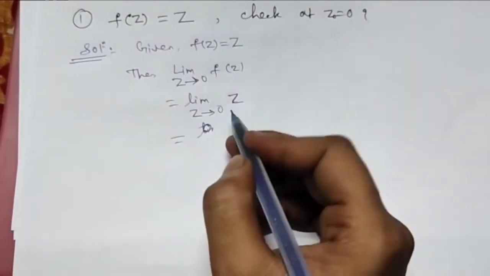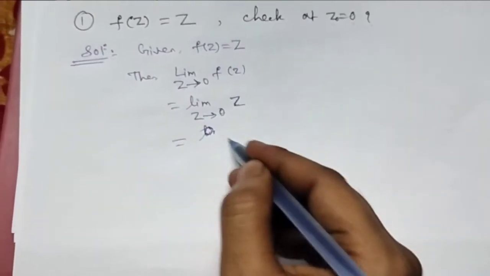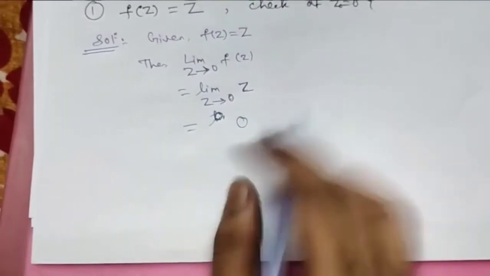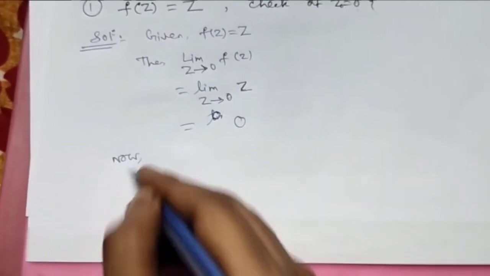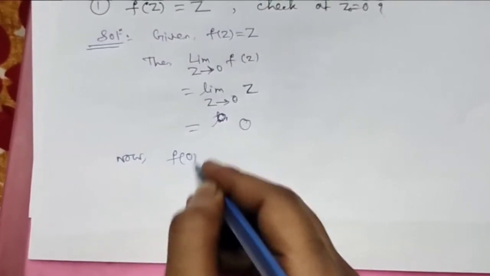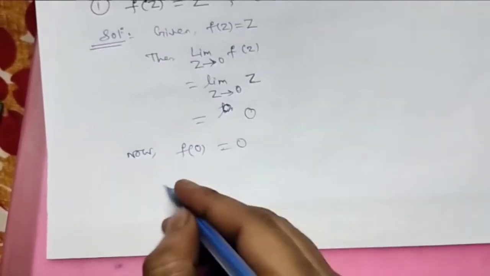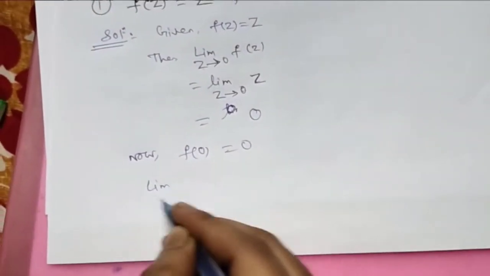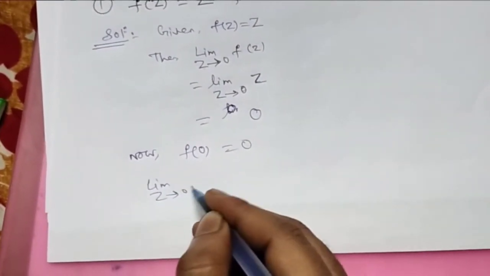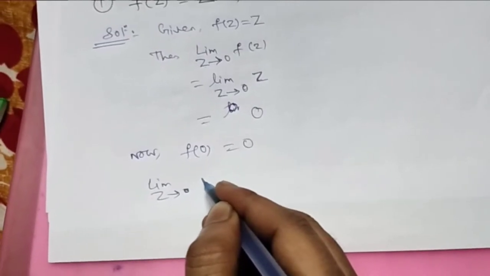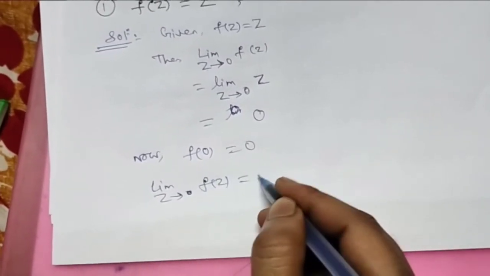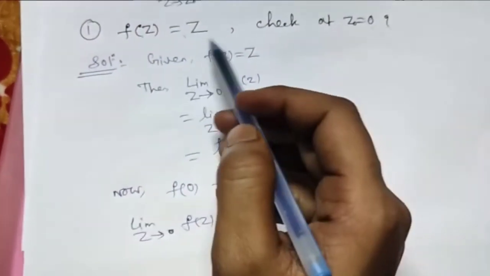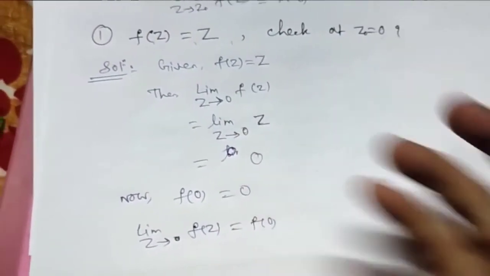We have to check whether it is continuous at the point 0 or not, so by definition, let's do the solution. Given f(z) = z, then the limit as z tends to z0, where z0 = 0, so z = 0. We put the value of z here, so this will be 0. And f(0) means 0. So the limit as z tends to z0 of f(z) is equal to f(0). So f(z) = z is continuous at z0 = 0.